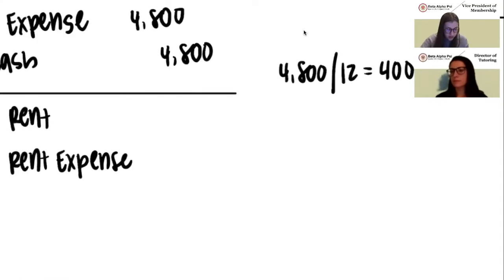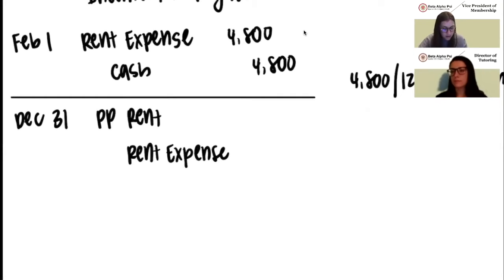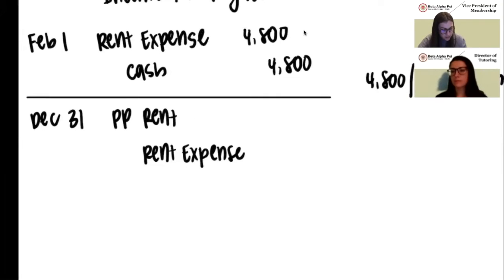And since we are adjusting for just 1 month, because from February 1st to December 31st, they used 11 months already, that can stay in the expense account. But that 1 month that they haven't used, we need to put into prepaid rent and unexpense what they didn't use in 2020. So we're going to debit prepaid rent for $400 and credit rent expense for $400.